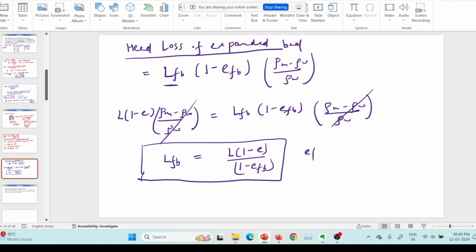EFB, as I already told, is the porosity of the fluidized bed, and LFB is the depth of the fluidized bed.